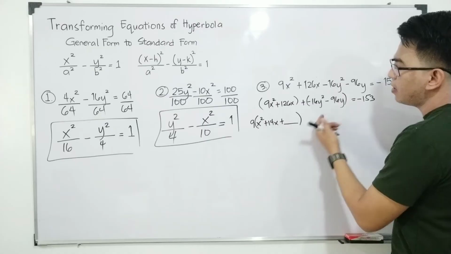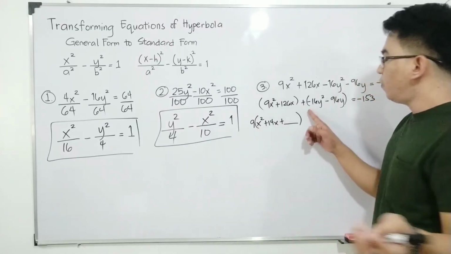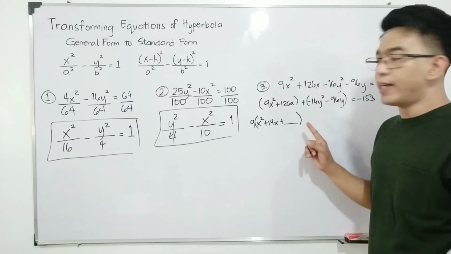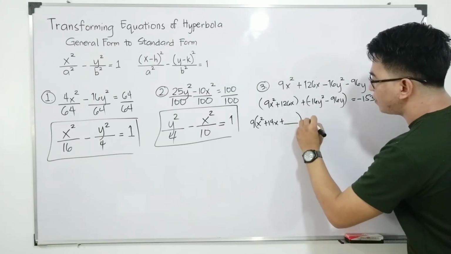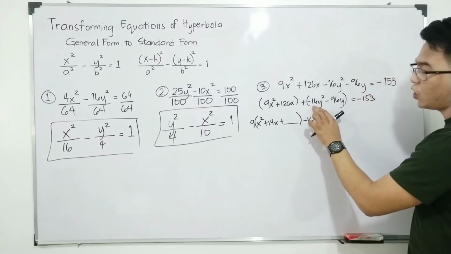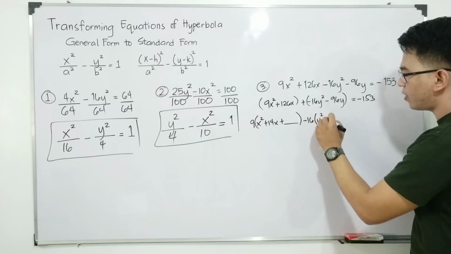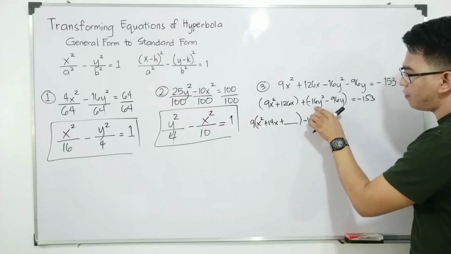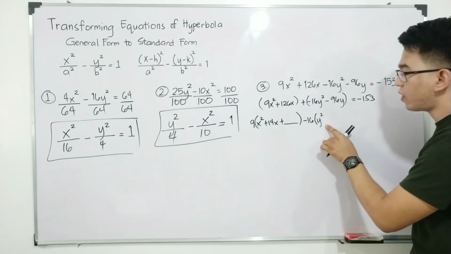Next, dito naman, since yung ating x squared is the positive, we know na ang magiging negative natin ay yung y squared. So we will factor out a negative factor in which this is negative 16, okay? Yung coefficient ng y squared times y squared because negative 16y squared divided by negative 16 is positive y squared.